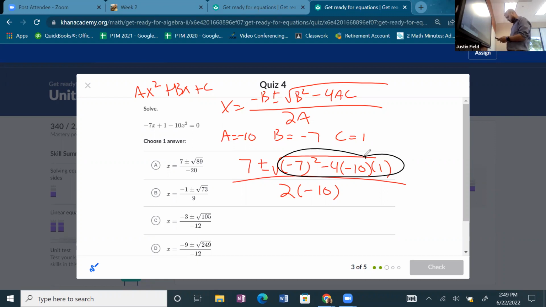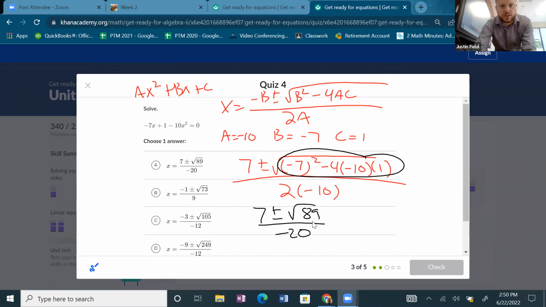I'm going to do it right now: -7 squared minus 4... Only problem is I actually can do it faster. Not easy. All right, don't be like me. Okay, do I see that? I see that. A.